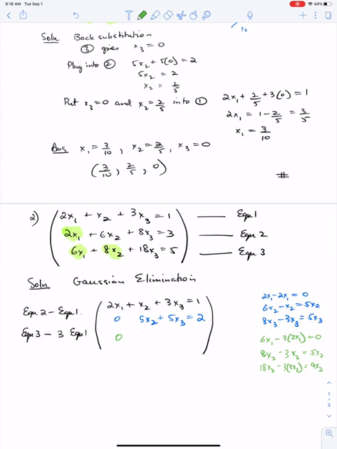So I get 5x2 plus 9x2, and then 5 minus 3 is just 2.